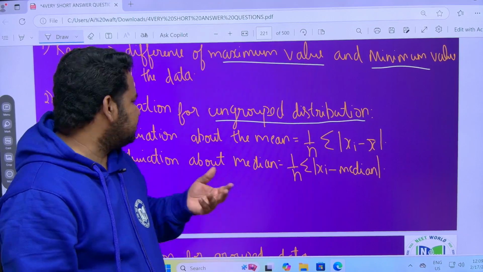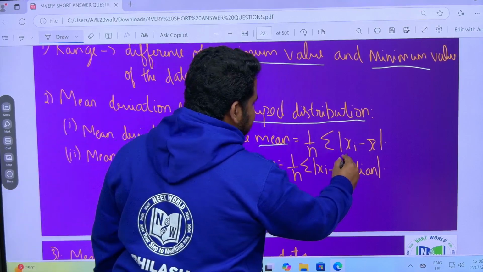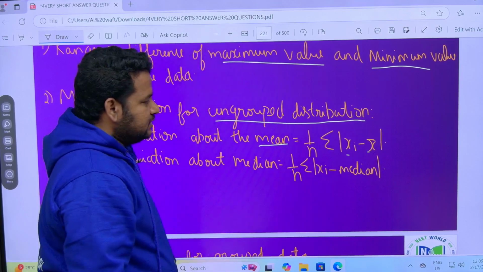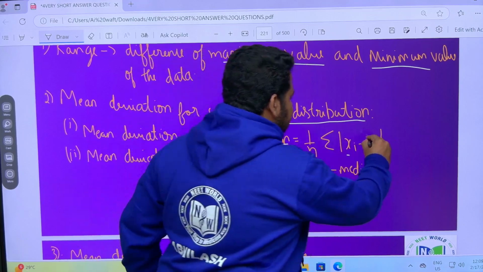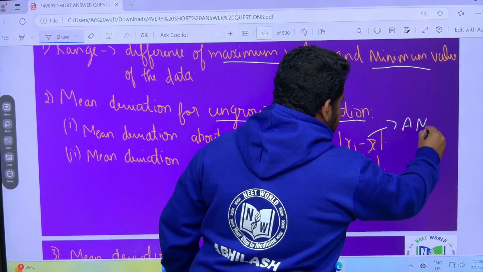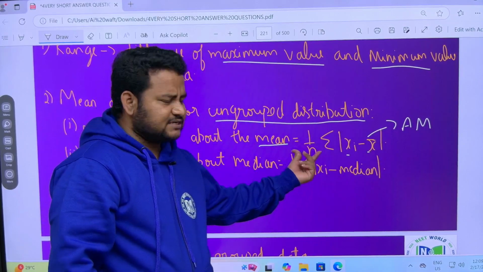When we measure using the mean, the formula is 1 by n summation of |xi minus x bar|. Xi are the observations, x bar is the arithmetic mean, and n is the number of observations.